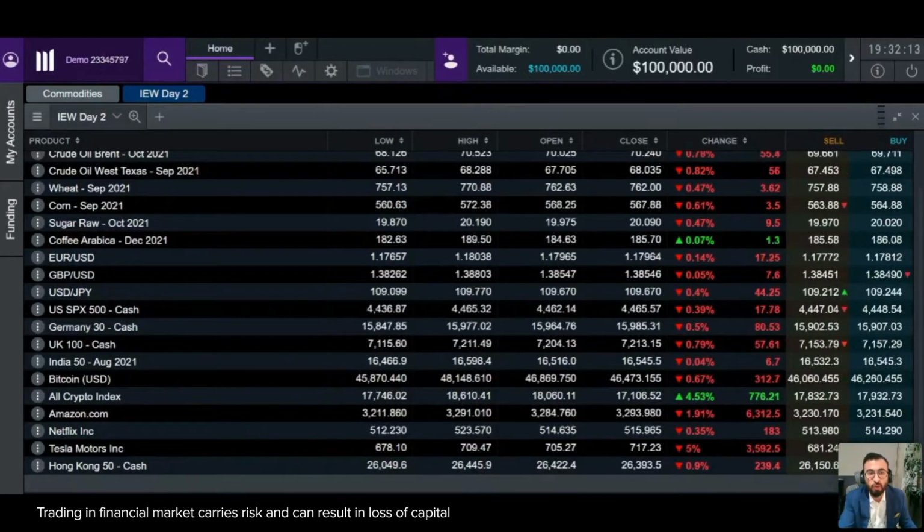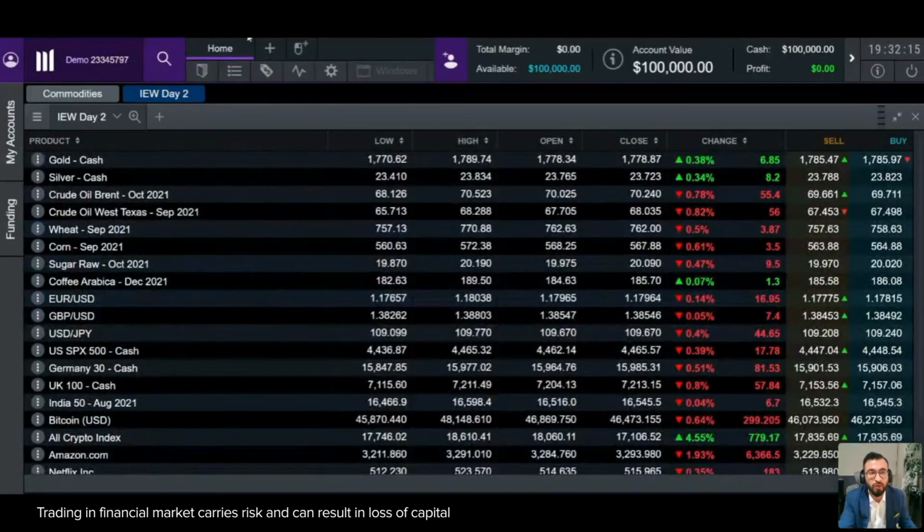But when you are looking at gold prices in international markets, we are looking at dollars for 1 ounce of gold. 1 ounce is equal to 31.1 grams to be specific. When you're looking at this measure, you're looking at 1785 or 1786. This is dollars for 1 ounce of gold, and 1 ounce is equal to 31.1 grams. So in the international market, this is the price you'll be able to look at.